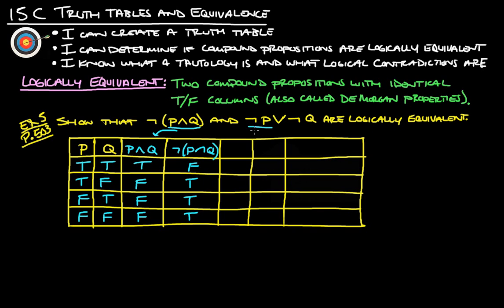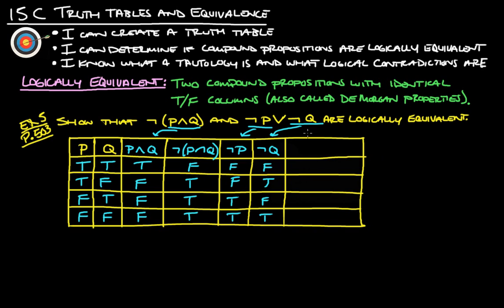So let's do not P here. Again, that'll just be the opposite of this column. So instead of true, true, false, false, we're going to go false, false, true, true, and then not Q will go here. Q is true, false, so this would make not Q false, true, false, true.